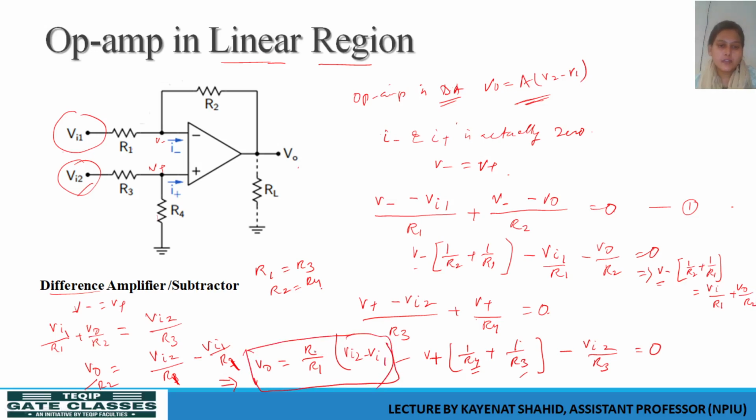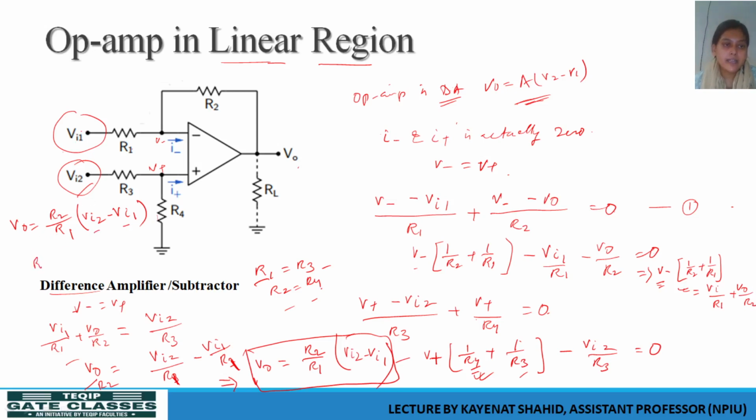What we have assumed is equal, so in that case I can directly write this equation. If you solve it, you will see that this value and this value will cancel together, and we will find out this equation. So what we are getting is VO is R2 by R1 times (VI2 minus VI1), which is nothing but the difference between the two input voltages, and we are getting a gain factor, that is R2 by R1.